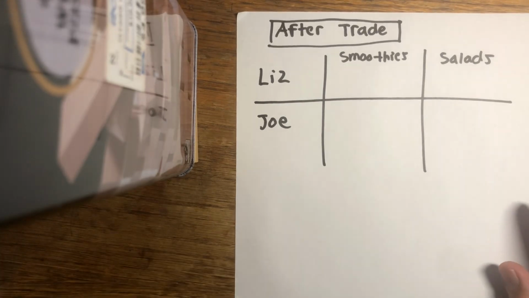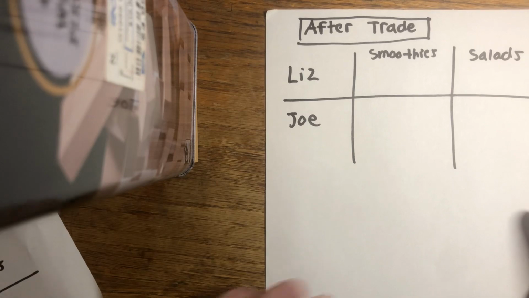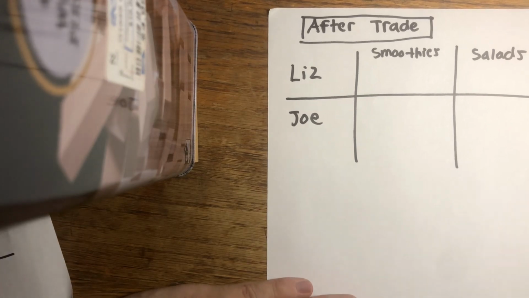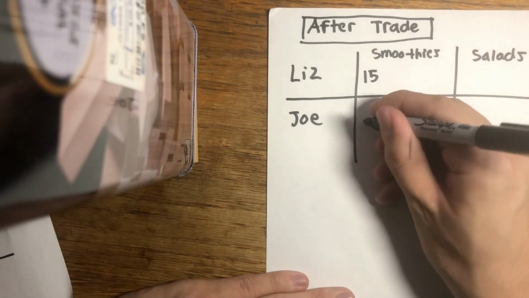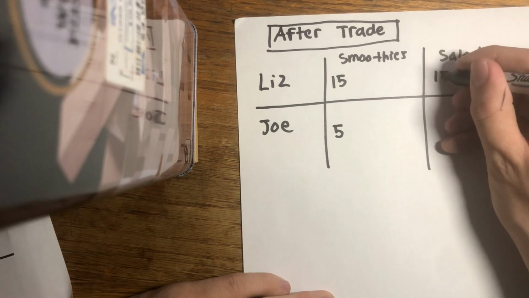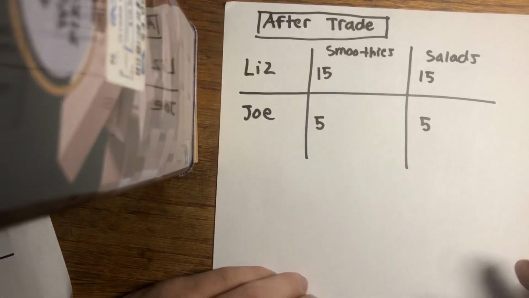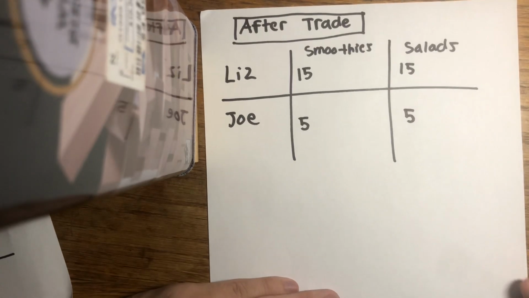From the gains from trade, originally we're just going to compare before trade and after trade. Before trade, these were the measurements that we had: 15, 5, 15, 5. So Liz was 15, 15, Joe was 5, 5. That was our previous measurement.